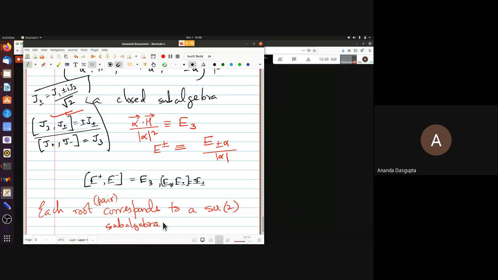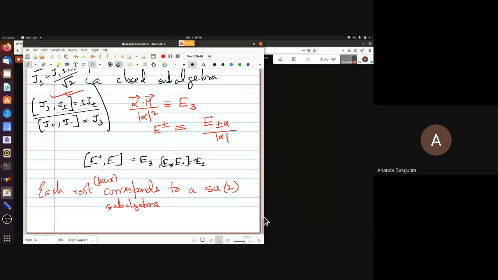So the fact that you learned a lot about SU2 in your quantum mechanics course, simply because there it had this deep connection with rotations and angular momentum, is going to come in very, very handy in all this that we are going to talk about. So the entire structure theory of semi-simple Lie algebras, at least, if you know SU2s, you can sort of work them out. But the important result: every pair of roots, alpha and minus alpha, corresponds to an SU2 subalgebra. Okay, any questions so far?